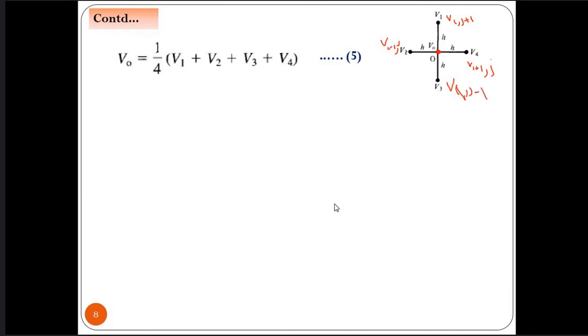All are the neighboring nodes which are directly connected, and this del x and del y are equal. They are approximated by the mesh size, that is h.